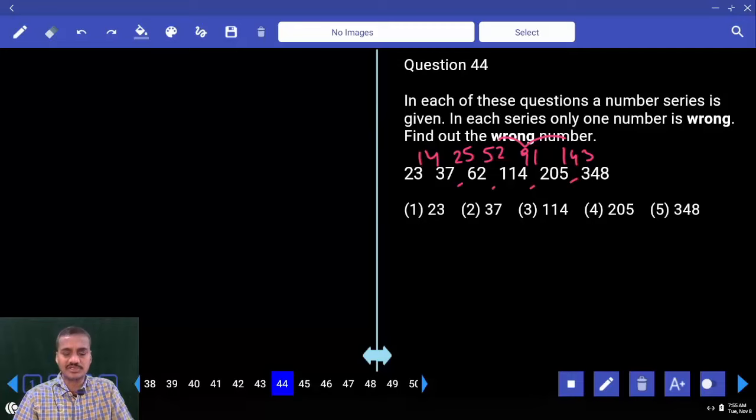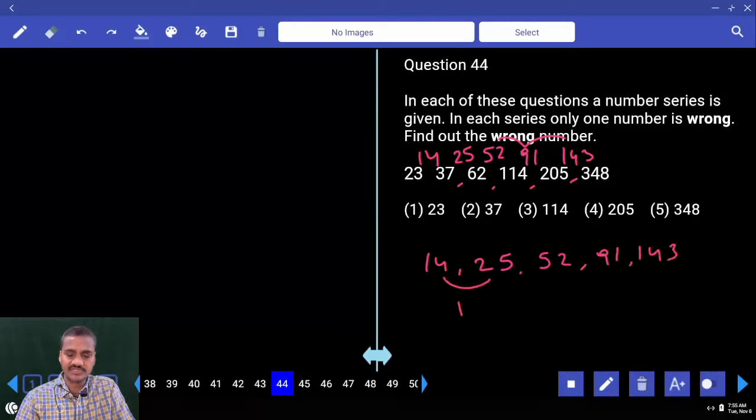Now if you check that pattern, 23 plus 36, 26, does it fit? No. Then 14, 25, check the differences between these numbers. What are the differences we have? 14, 25, 52, 91, 143. 14 and 25 difference is 11.